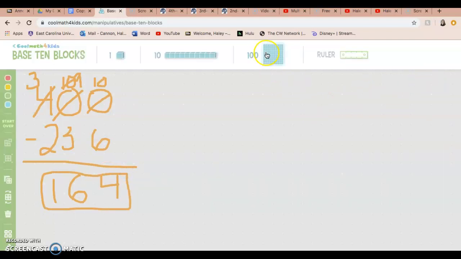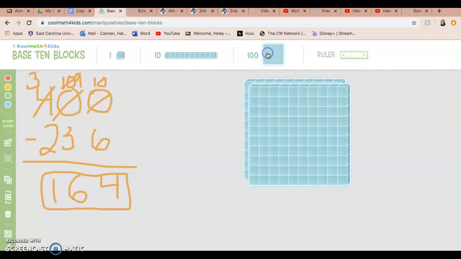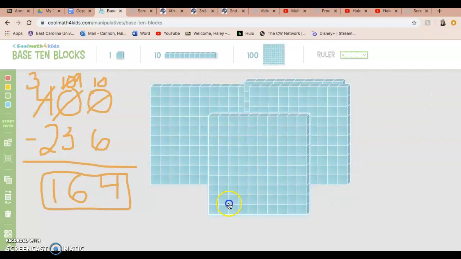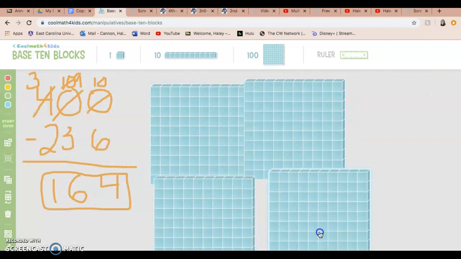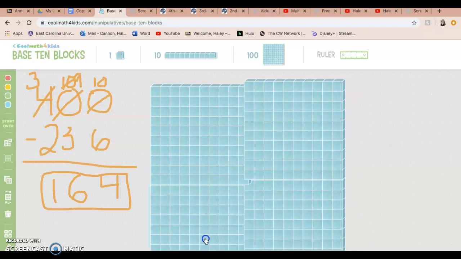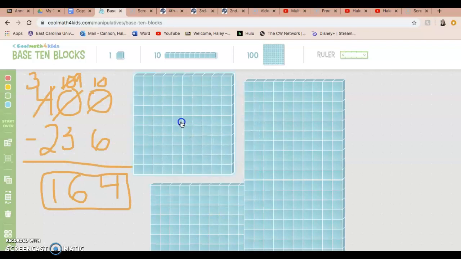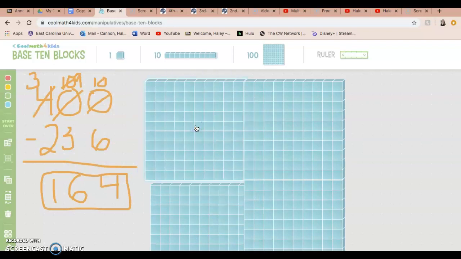So another way that fourth graders could solve this problem is if they were to take base 10 blocks to help them solve this equation. So what I'm going to do is show you how you could do that. So the answer is 164, but we had 400 minus 236.